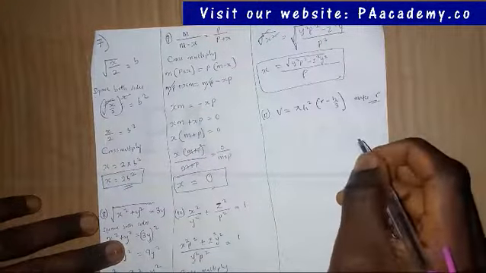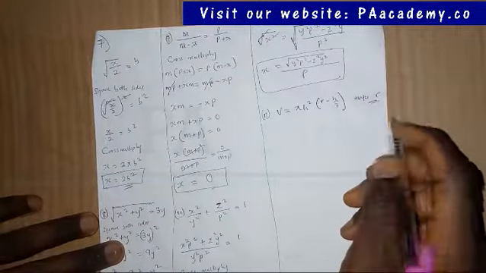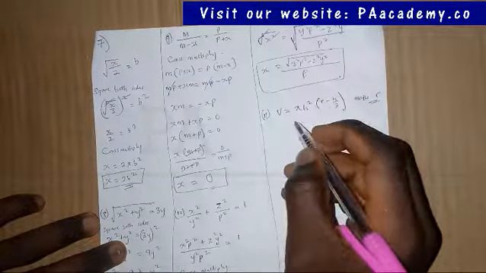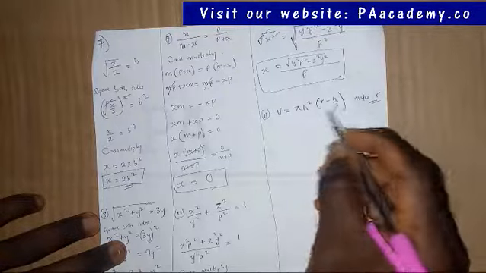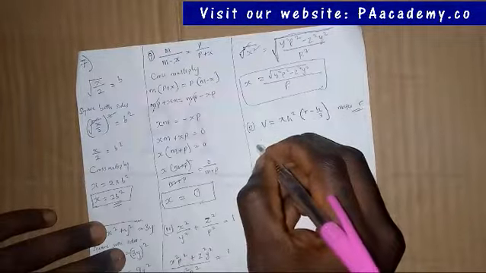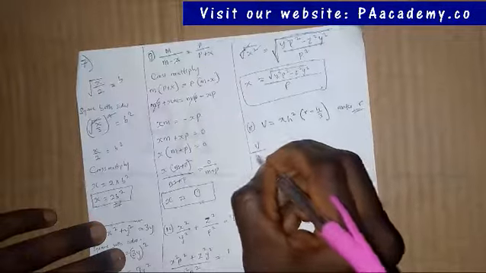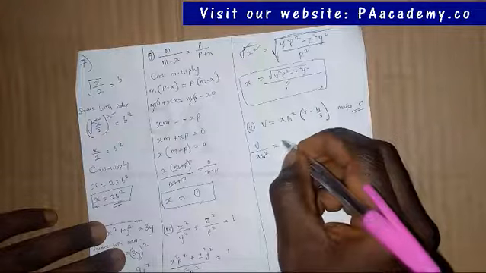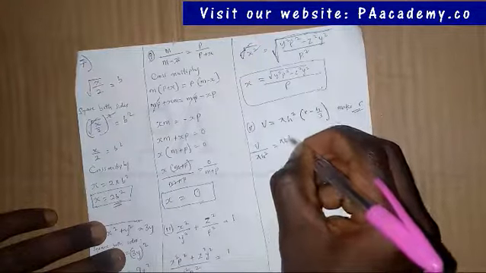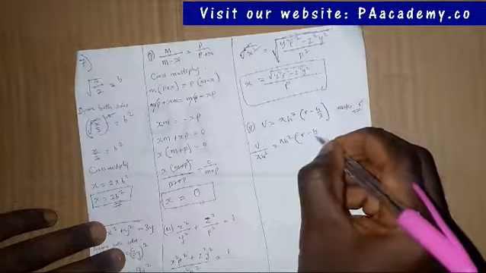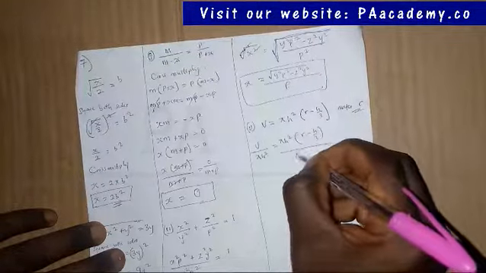Alright, so let's get started. So what we are going to be doing first, or before we start, let's divide both sides by pi h squared. So that means we are going to be having v over pi h squared equals to pi h squared into brackets r minus h over 3, all divided by pi h squared.